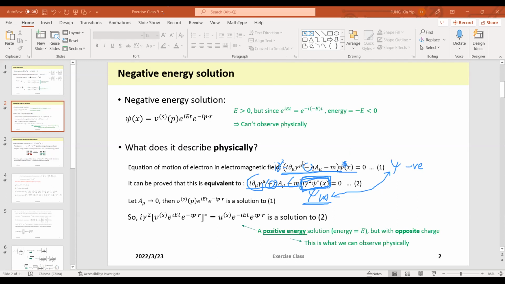But if you don't bother about the physical meaning, then you can just blindly use these four solutions if you don't care what they mean physically. No, the thing is not about whether they mean something physically or not.